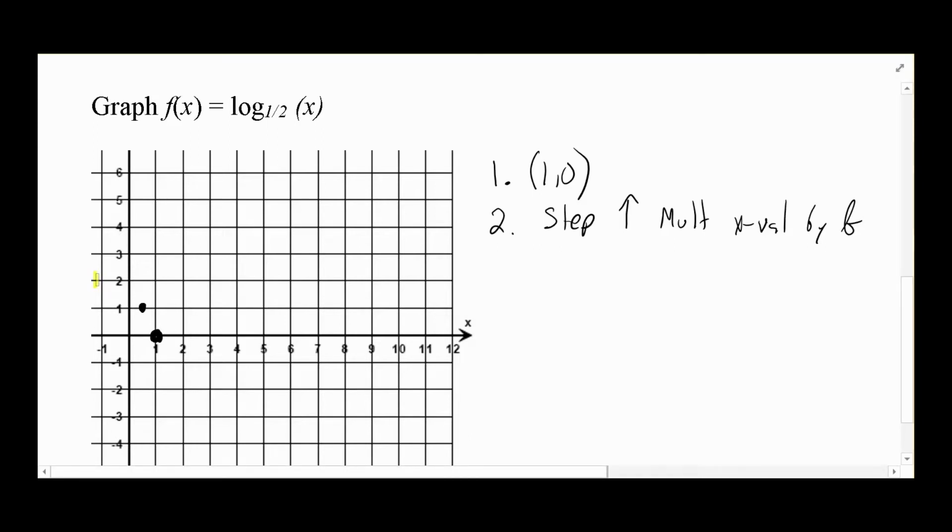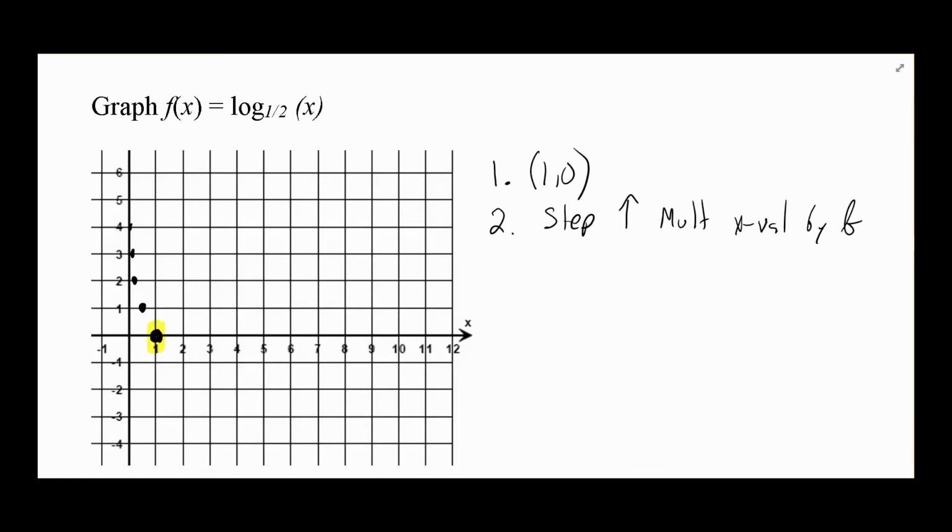Now suppose I want to take another step up. My previous x value was a half. If I'm going to multiply by my base again, I'm going to get 1/4. Then 1/8, then 1/16th. I'm going to keep on getting closer and closer and closer to that x-axis. So let's start talking about step 3.